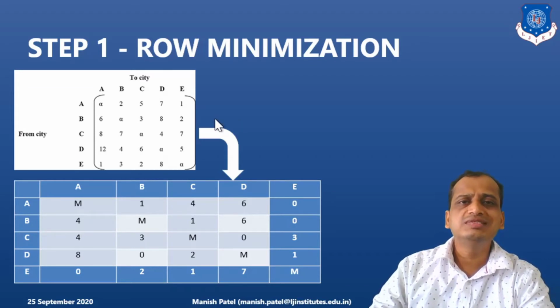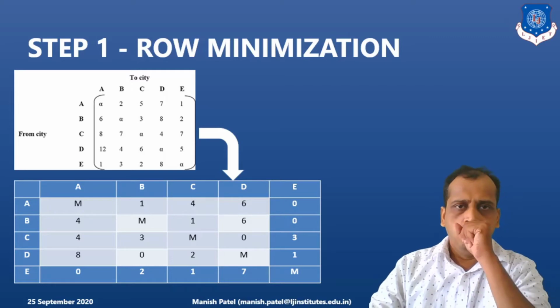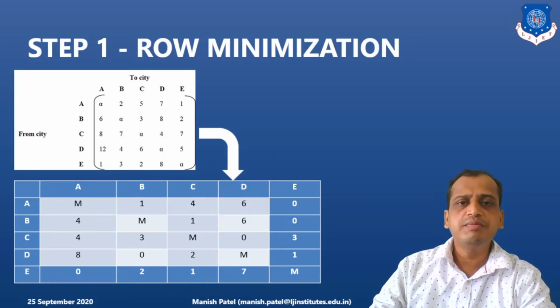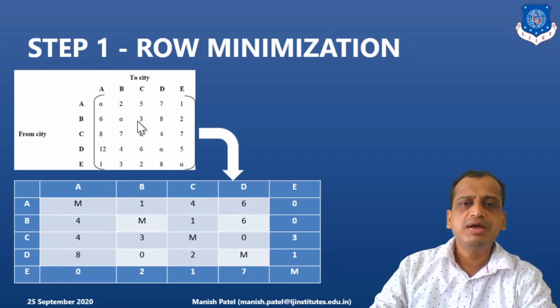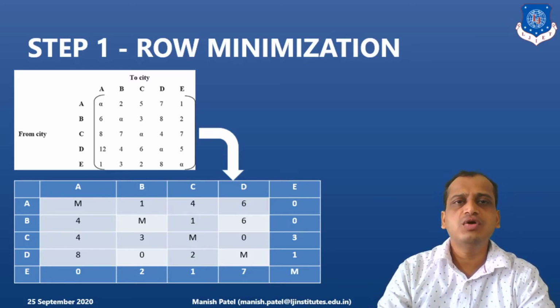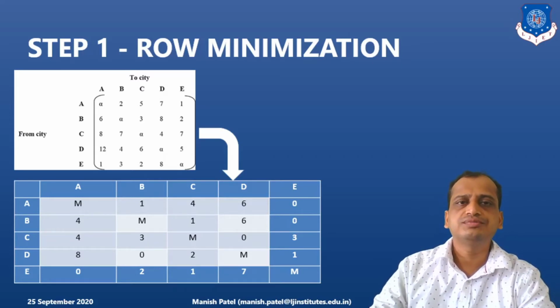We repeat the same process for the next 4 rows. In the next one we have 2 as the minimum element, so 6 minus 2 is 4, 3 minus 2 is 1, 8 minus 2 is 6, and 2 minus 2 is 0, and accordingly. In this way we have minimized the rows and written the new table as shown here.